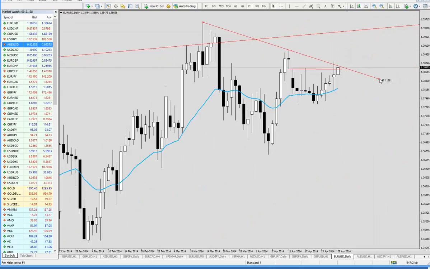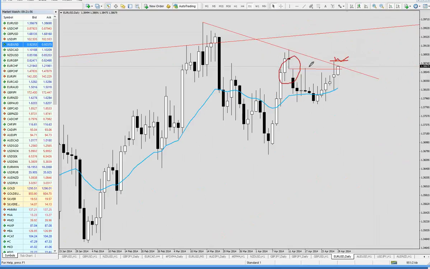So how to trade euro dollar today? As I mentioned, while we are below yesterday high, we can try to hit some stops above. So, and the gap.